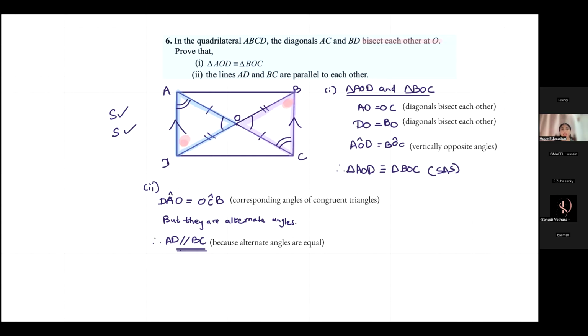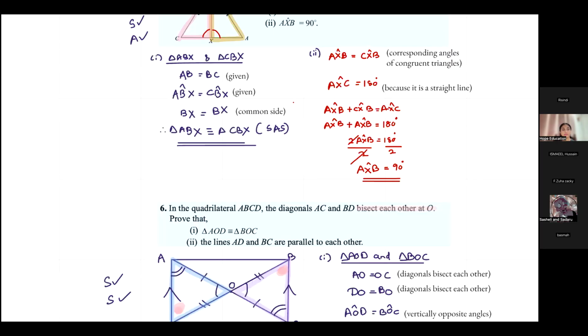Let's try a question. I want you all to try a question alone from the second case. That means AAS. AAS. 2 angle pairs and 1 side pair. Okay. Go to page 56, exercise 5.2.